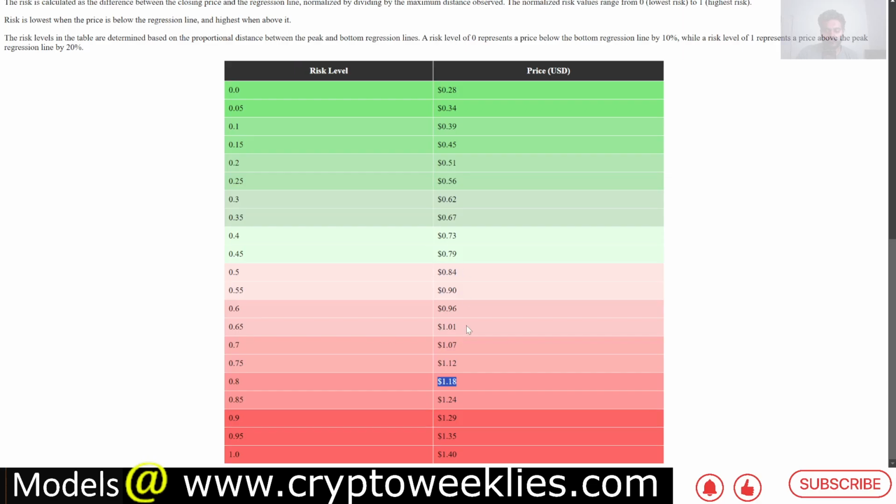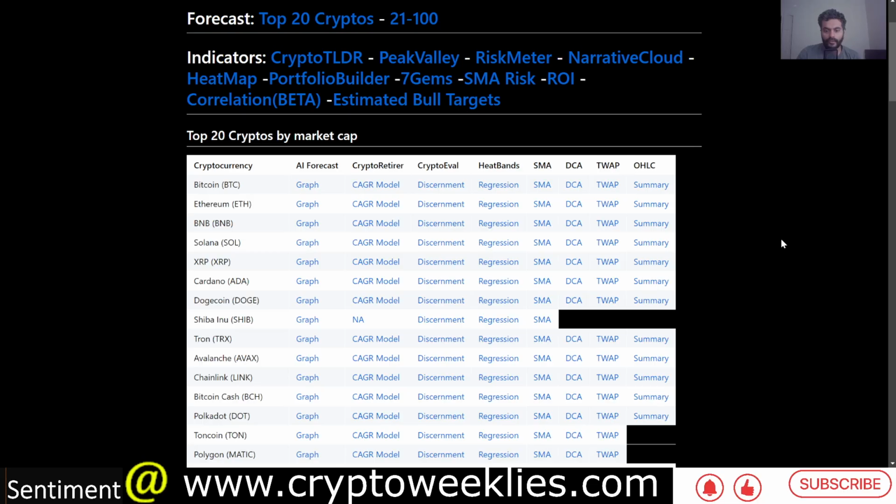This is the moderate range, and the higher end of the range is between $1.24 and $1.40. Kind of a confluence between the two models at around $1, between $1.20 and $1.40.